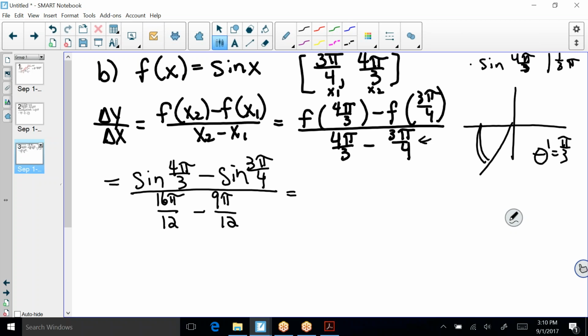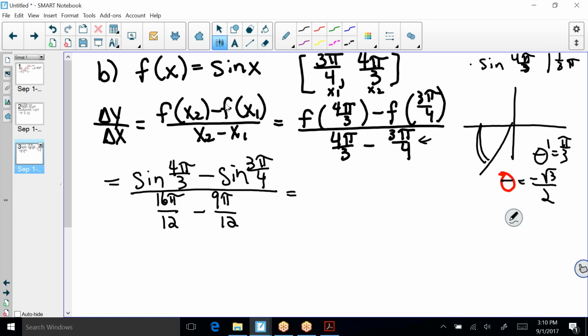So the sine of 4 pi over 3 is going to be the same thing as the sine of pi over 3, except we just need to check the sign to see if it's positive or negative. In the third quadrant, sine is going to be negative. So this angle theta is going to be a negative root 3 over 2.